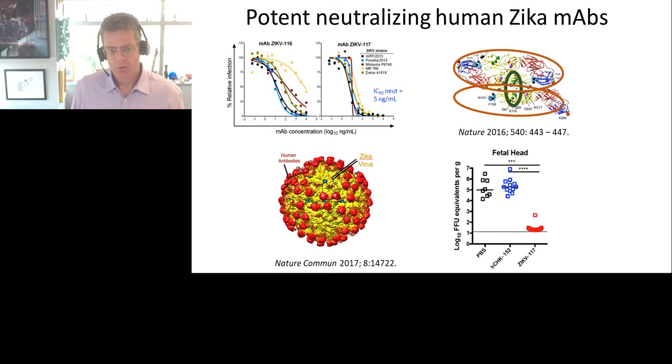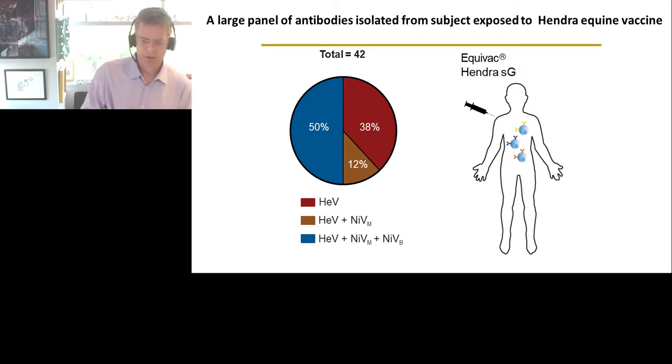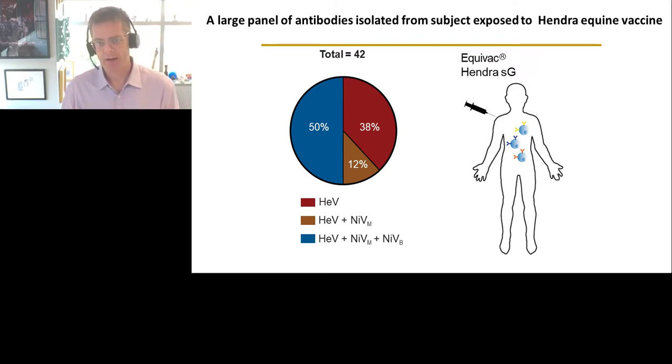This is another example. There's a virus called Hendra virus. So there's a whole group of viruses, Nipah viruses. Hendra and Nipah are the 2 that you've mostly heard about. So Nipah has been in Malaysia and more recently in Bangladesh and even the Kerala area of India causing outbreaks.